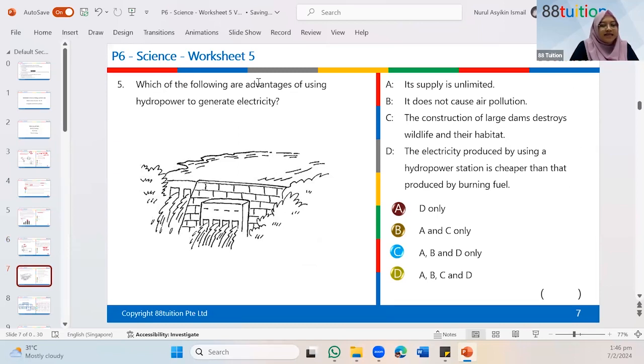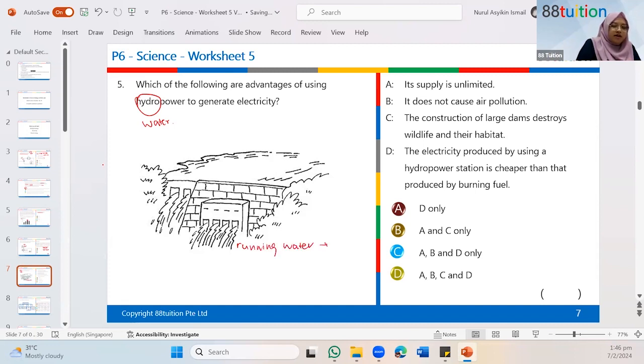Which of the following are the advantages of using hydropower to generate electricity? Hydropower, the word hydro means water. So in this method of generating electricity, you're going to get your energy from running water first. This is your running water.